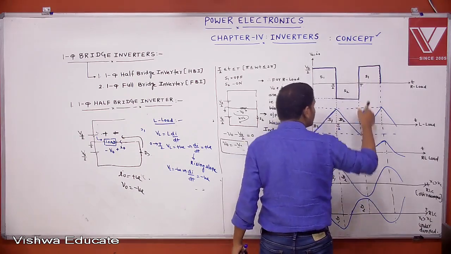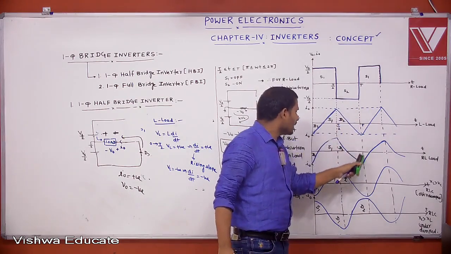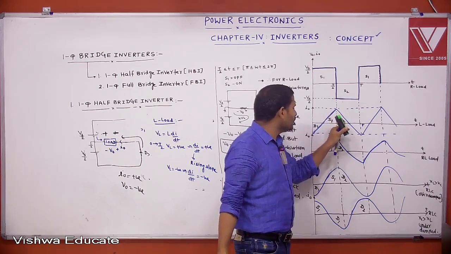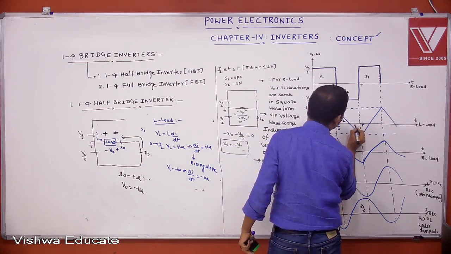One cycle means the next remaining period. Already D1 is conducting, S1 is conducting, D2 is conducting. Remaining which one? S2. Here which device will conduct? S2.